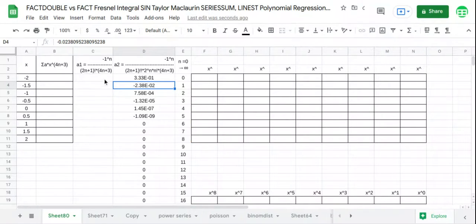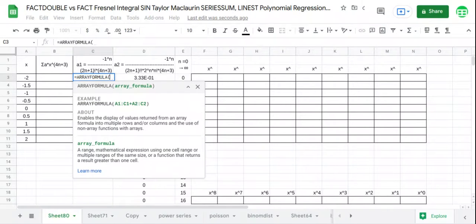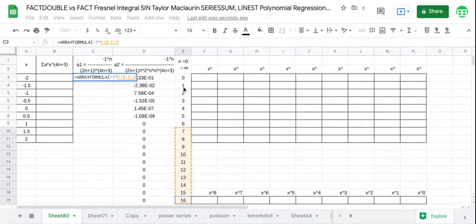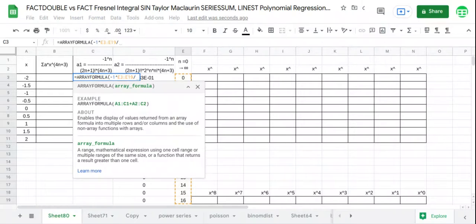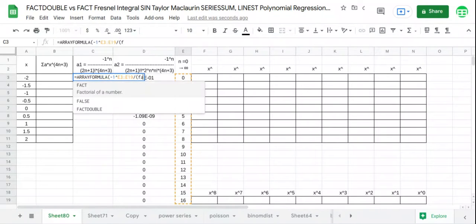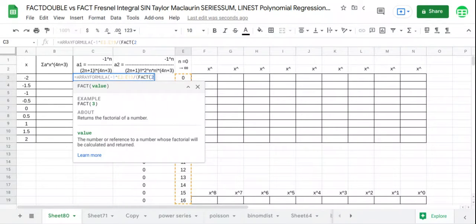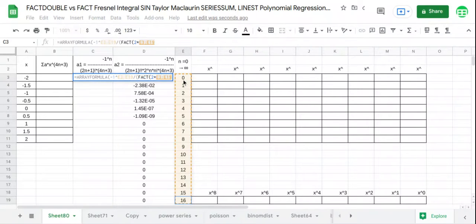And we continue with the factorial, which is equal to our array formula, minus 1 raised to the power n, divided by, there are two parts. First part is factorial of 2n plus 1, so factorial 2 times n plus 1.